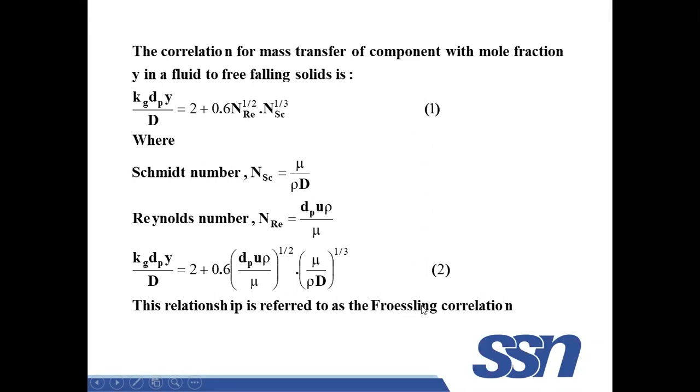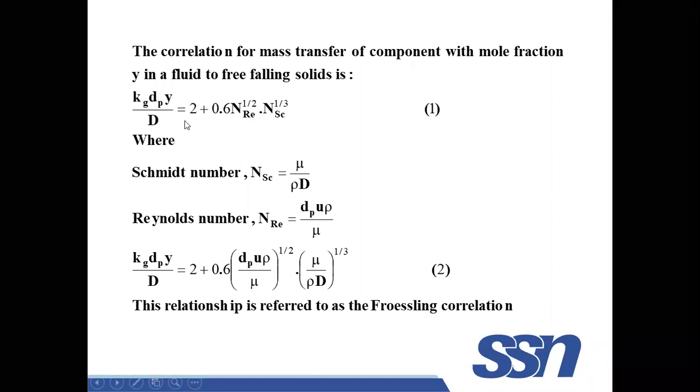This correlation even comes in heat transfer, especially when there is external flow heat transfer over a spherical surface. I don't know whether in heat transfer you got this expression or not. 2 plus something you get. The 2 is very important there, right? So the Schmidt number is mu by rho D, where D is the effective diffusivity, not diameter.